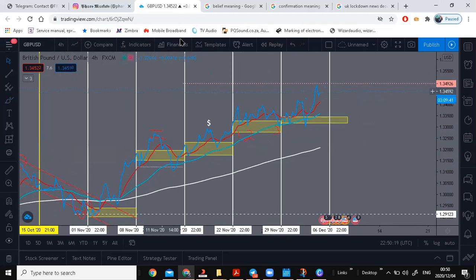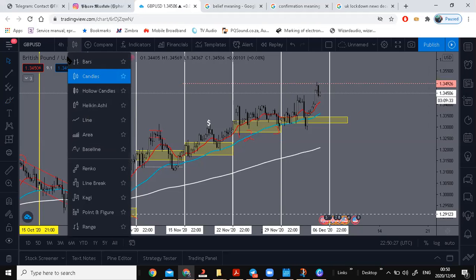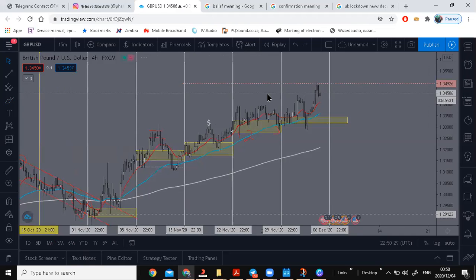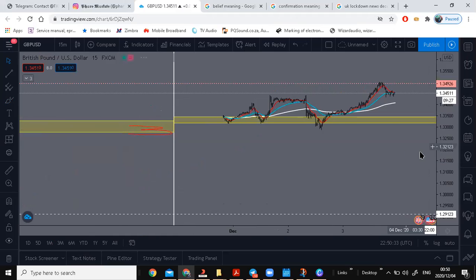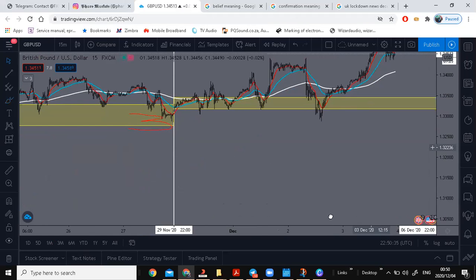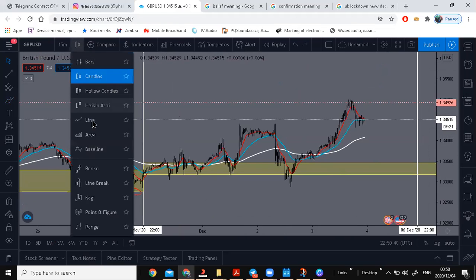So what we can expect on GBPUSD, let me just look at the 15-minute chart real quick so I can count the levels going to the high. Interesting.